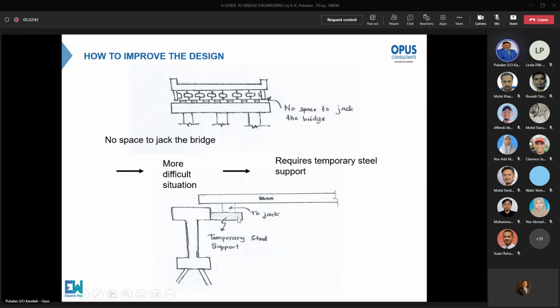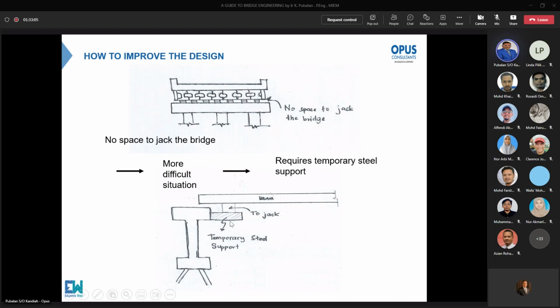If I don't have some space to jack, then I must do a temporary support to jack the bridge. Now this becomes costly. And what if when I fix a temporary support to the pier, this part of the pier cannot take the bending? So I have more problems. Am I right?